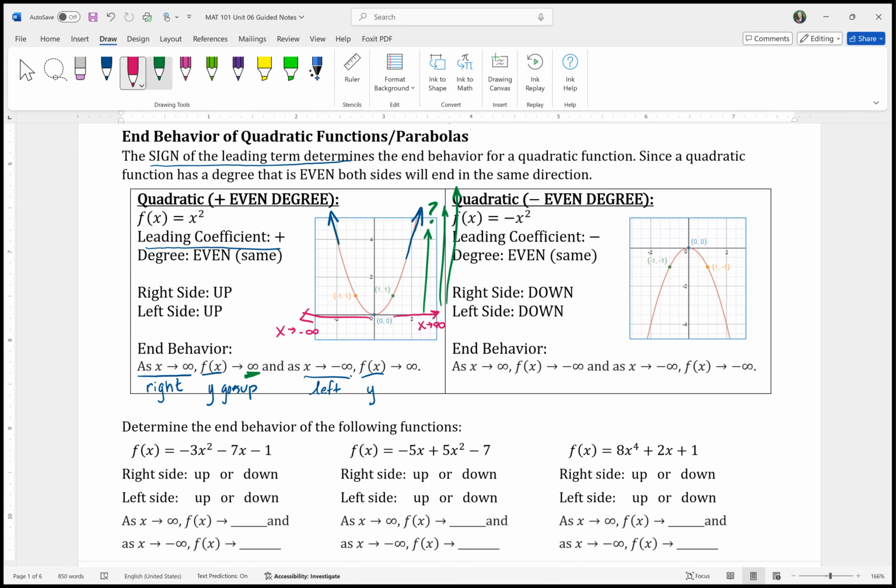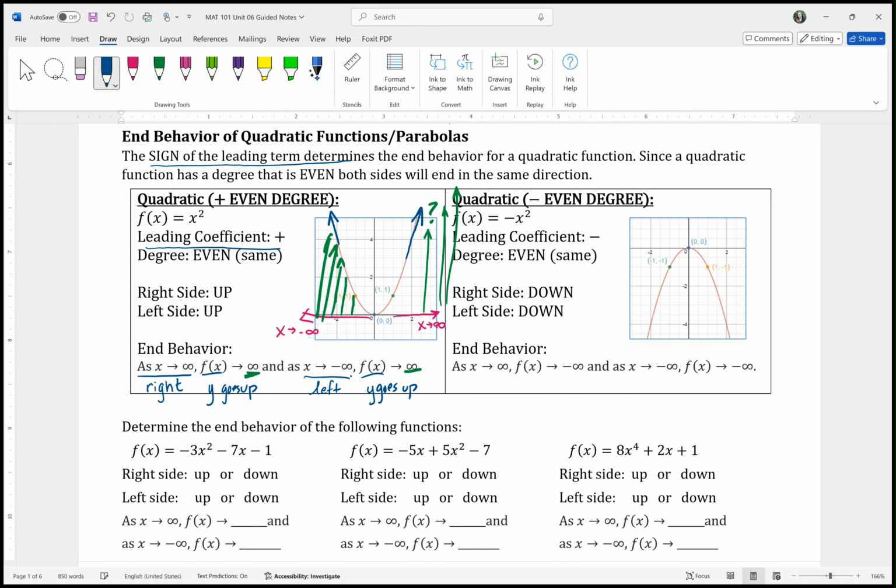What are our y values doing? Our y values are going positive, bigger number positive, bigger number positive. You can see how it just gets bigger and bigger. So our y values are also going in the positive direction. That means it goes to infinity as well. So this is saying y goes up.